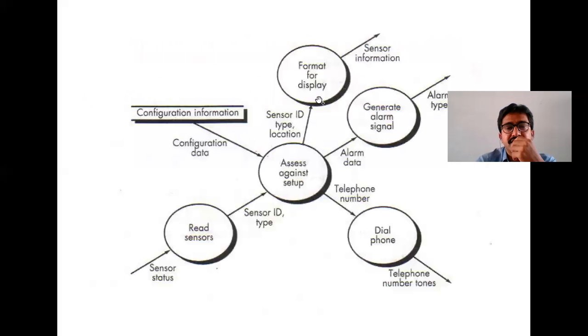For configuration information, it keeps expanding: read the sensor, assess against the setup whether the sensor is triggering correctly to the microcontroller, and what format of data it should display for the sensor, like sensor id, type, location. It will generate alarm signals whenever any out-of-bound input is given, and telephone number, like when you dial the telephone number, how to assess all such detailed information.